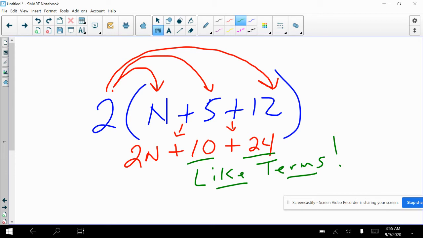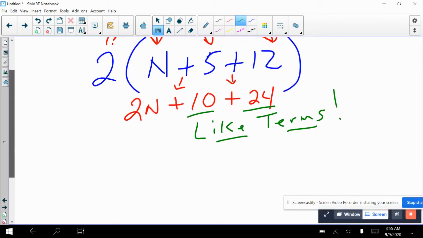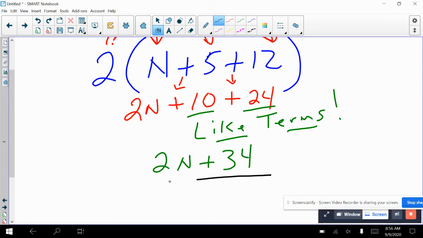They're both constants, right? Which means, do we have to add them together or can we just let them go? We have to add them. You have to. Okay, so your answer here is 2n plus 34. That is your answer.